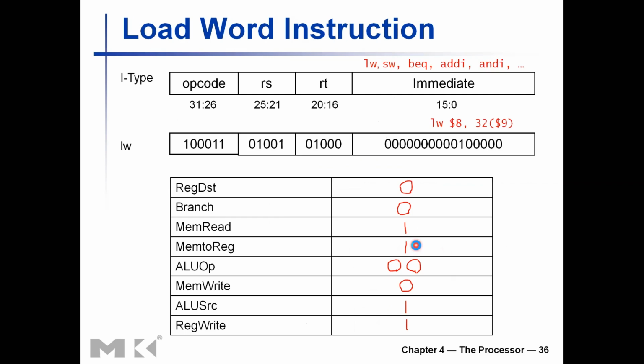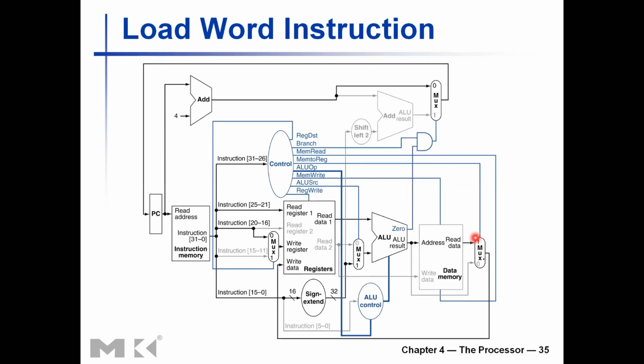Should it be 0? If we send a 0 here, the 0 input is the ALU result. What is the ALU result in a store word instruction? The ALU result is the base register value plus the immediate address offset, which means the result is the memory address which we are sending to the data memory.